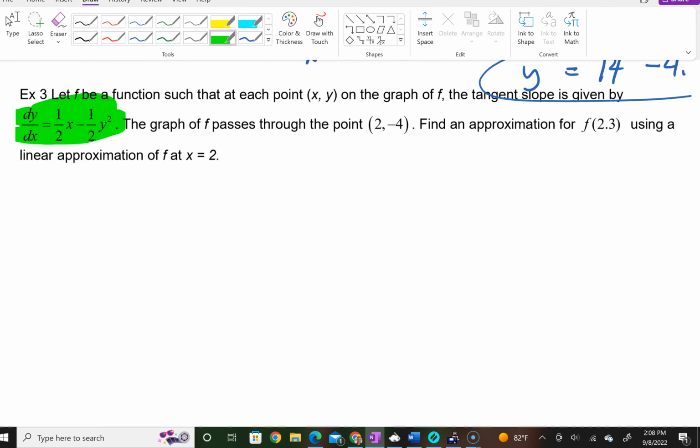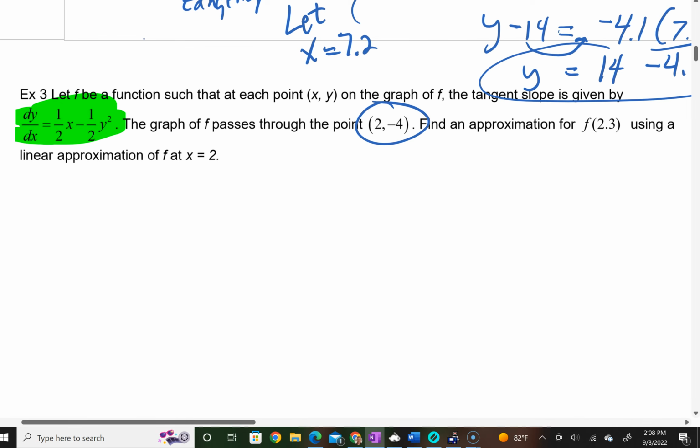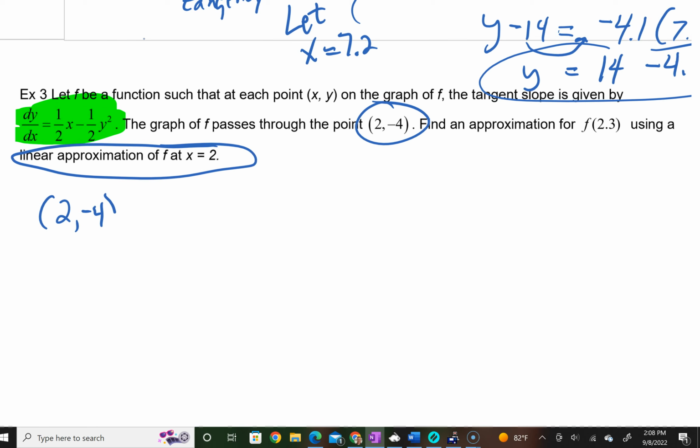Wow, you know what? That is so critical. You have a point. And we would like to get a linear approximation at x equals 2. This means this point is the point of tangency. This 2, negative 4 is the point where our tangent line is drawn.